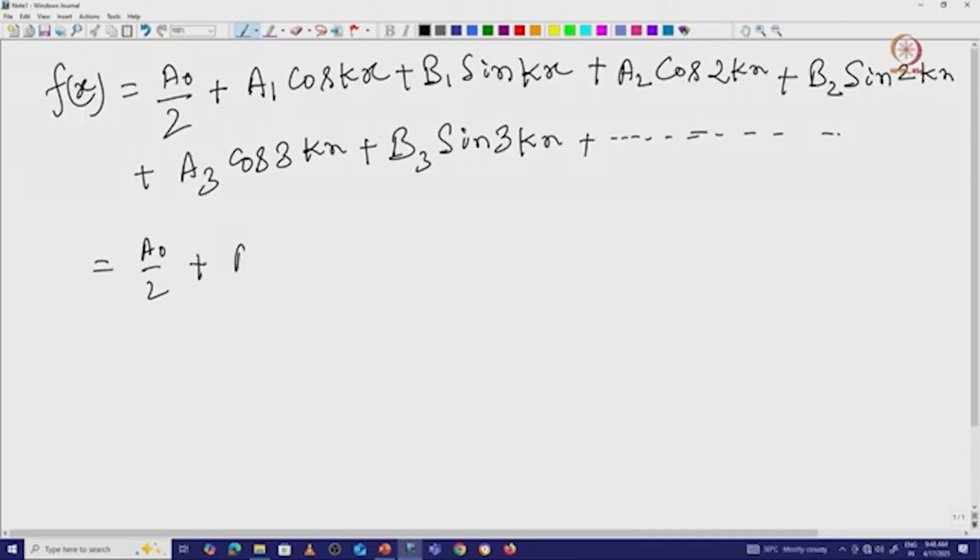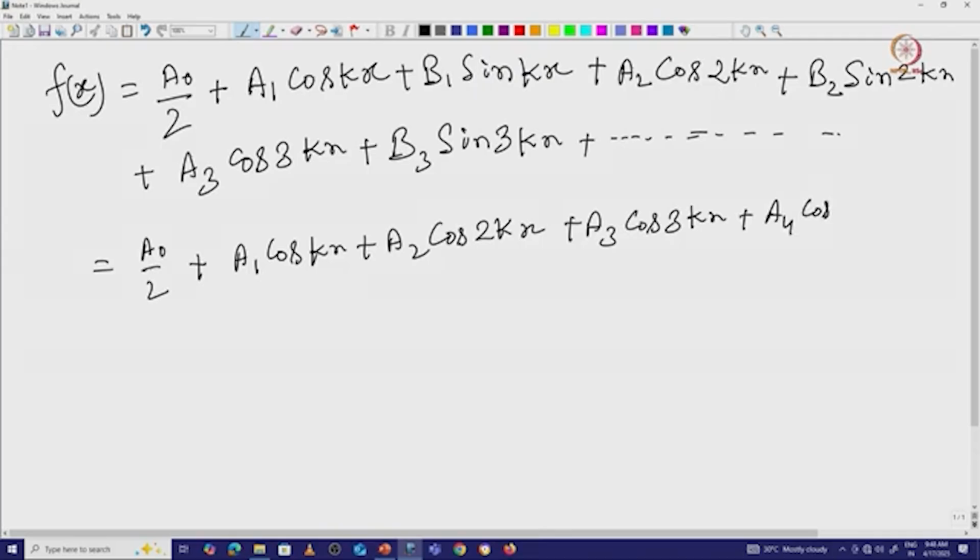So, it will come like that: A1 cos kx plus A2 cos 2kx plus A3 cos 3kx plus A4 cos 4kx and so on.